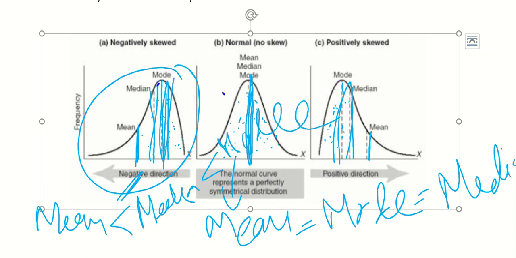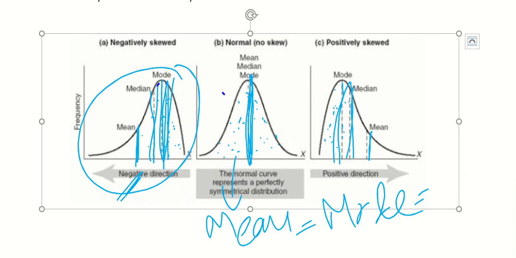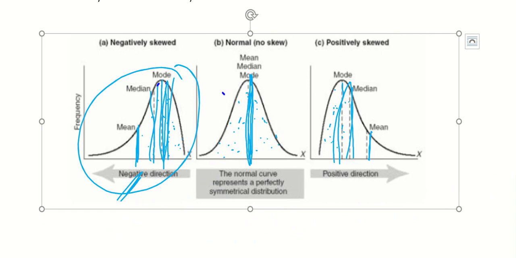So this would be the scenario in case of the other two. Okay, so in case of normal distribution only, mean, median, and mode would remain the same. But in the rest of the cases, negatively or positively skewed data, mean, median, and mode would not remain the same. The values will vary. Okay, so now let's move forward with the test of skewness.